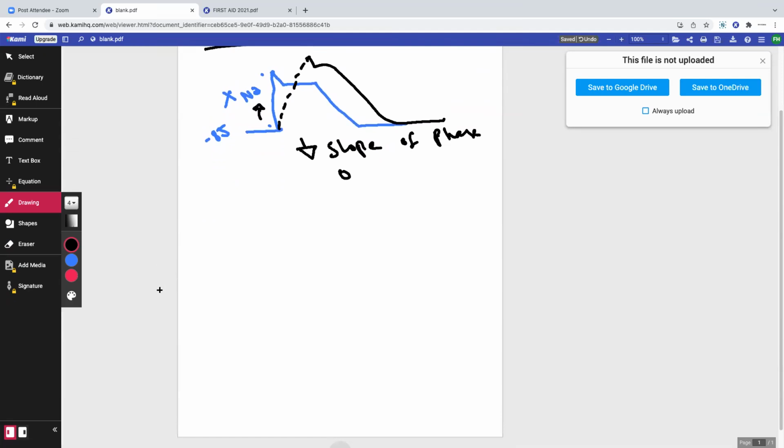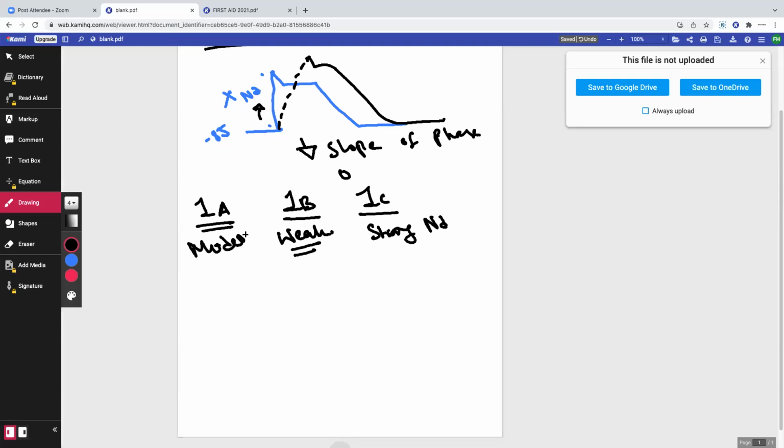Now, depending on how they work, we have three classes: class 1A, class 1B, and class 1C. Class 1C is a very strong sodium channel blocker. Class 1B is a very weak sodium channel blocker, and class 1A is a moderate intensity sodium channel blocker.